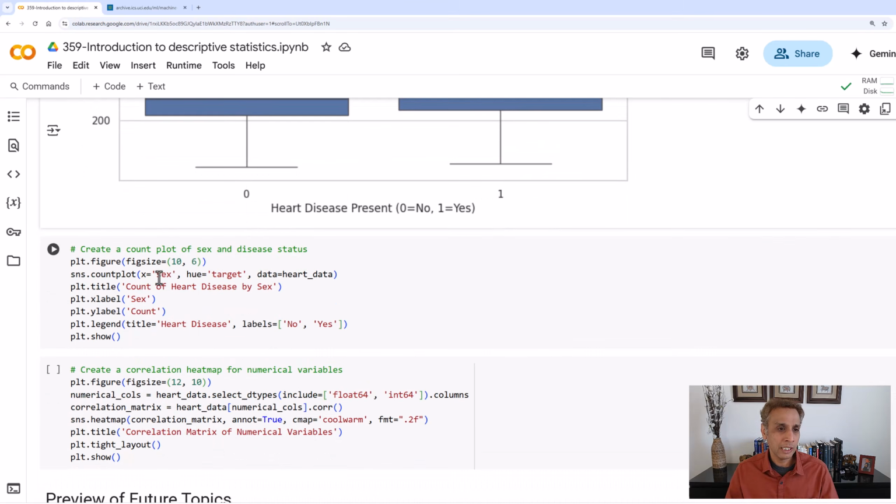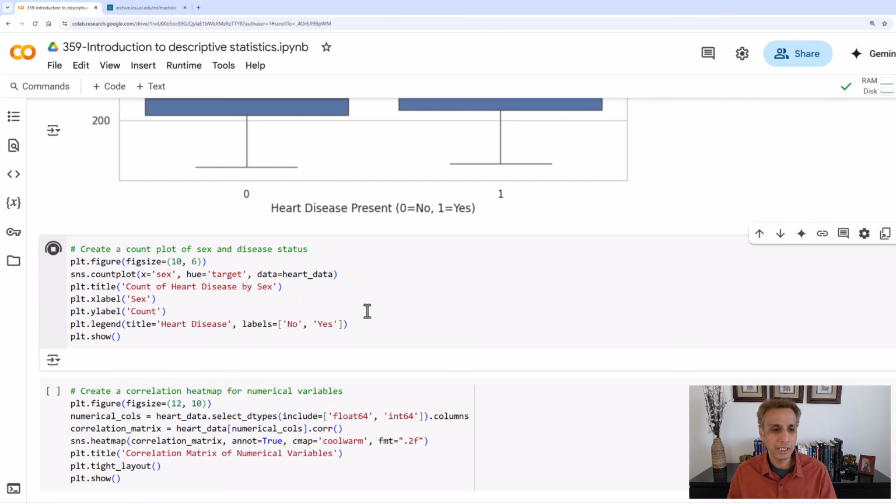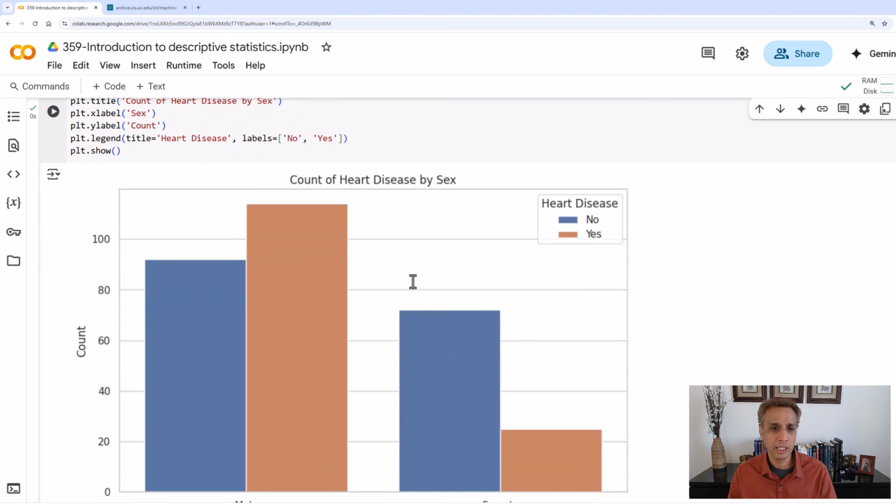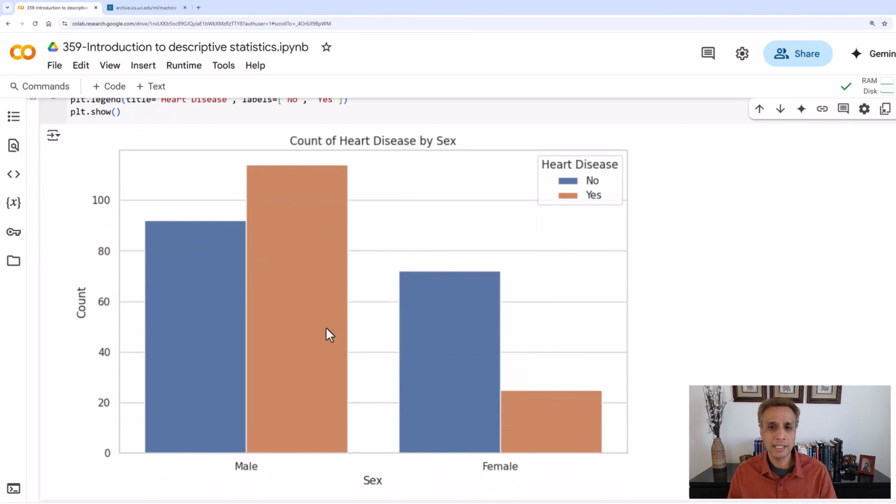Okay, now let's do a count plot of whether it is a male or female versus the disease status. Again, there are various questions. In this case, the question I'm asking is, is there more heart disease in male versus female? If you look at the population, more males in this case show heart disease compared to no heart disease.